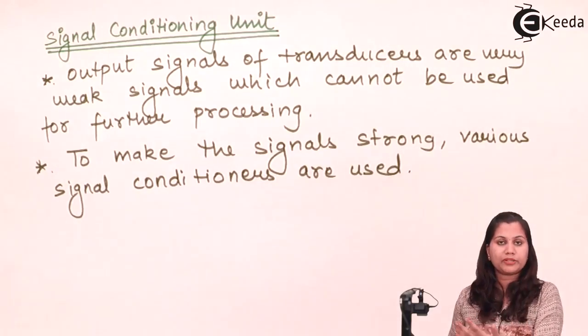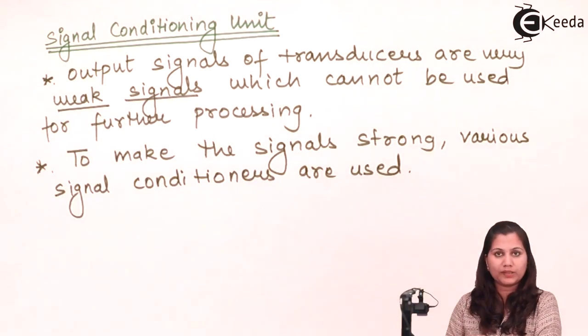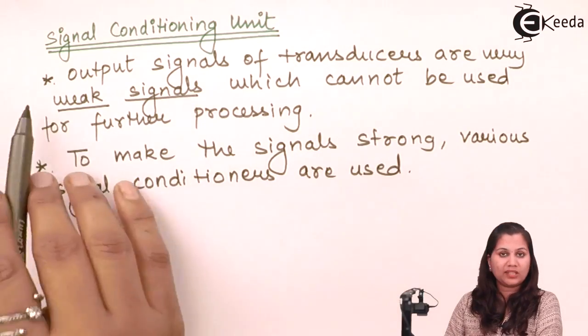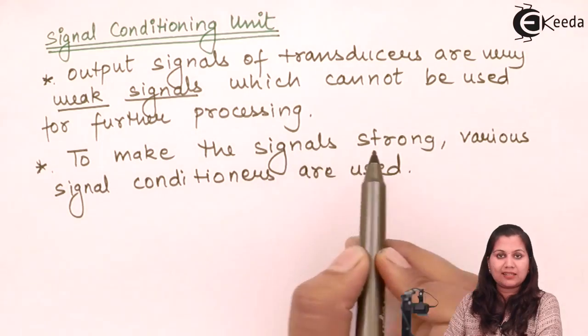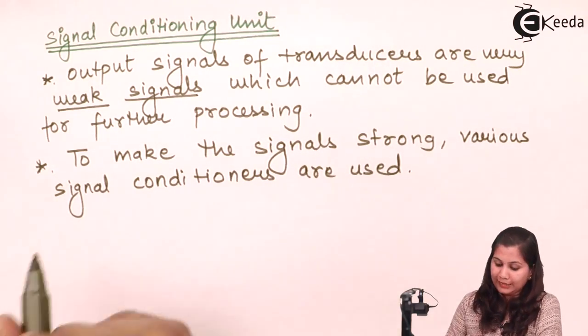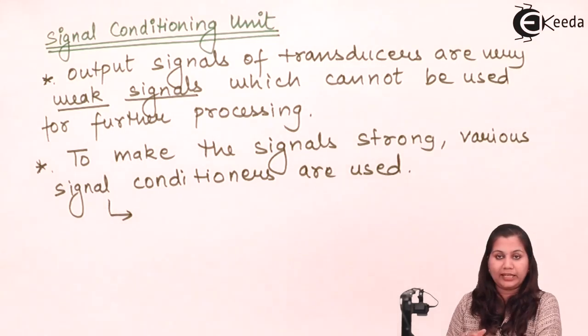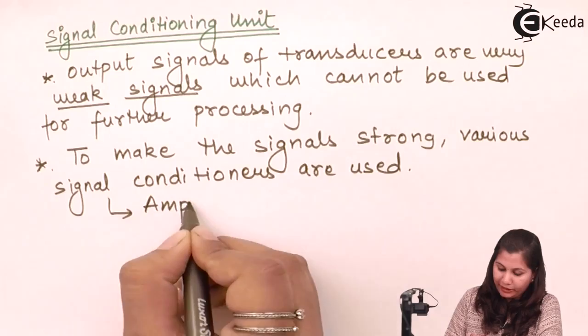As the output signal of the transducer is very weak, this weak signal cannot be used for further processing or for the further stages in the data acquisition system. So first the conditioning is to be done. To make these signals strong, various signal conditioners are used. If we want to amplify the signal, then we have amplifiers.